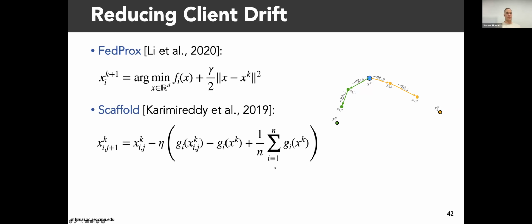Then SCAFFOLD runs the same local steps as FedAvg, but the difference is that they use SVRG-like variance reduction that essentially biases this guy towards the local solutions to remove the client drift.